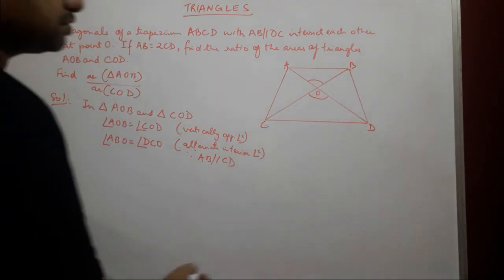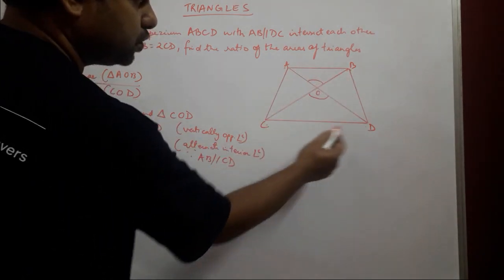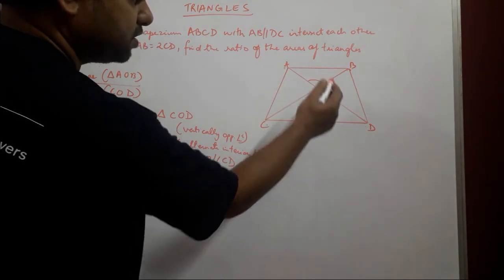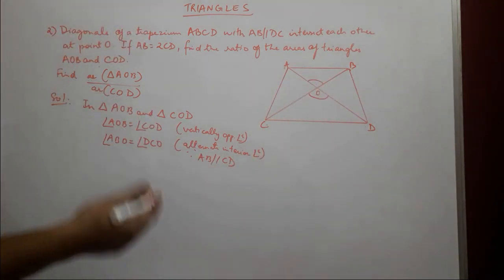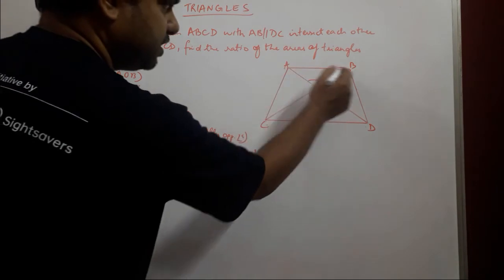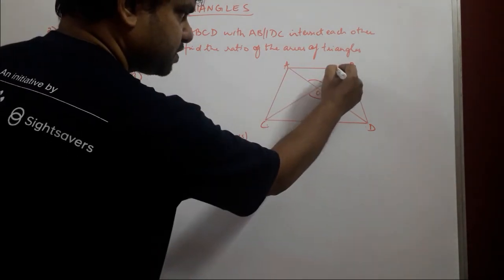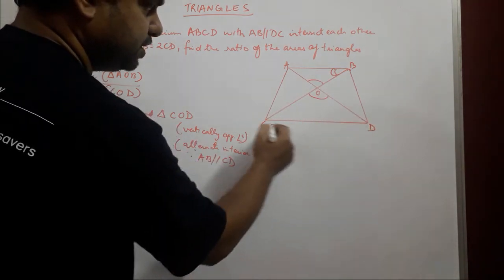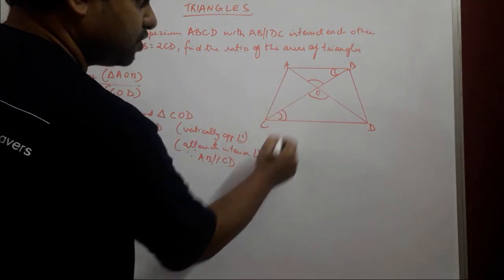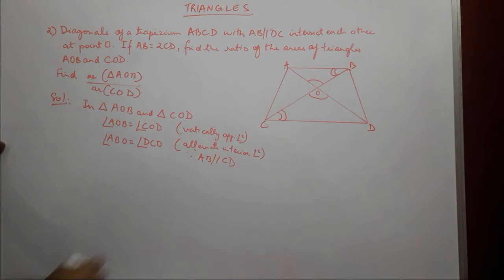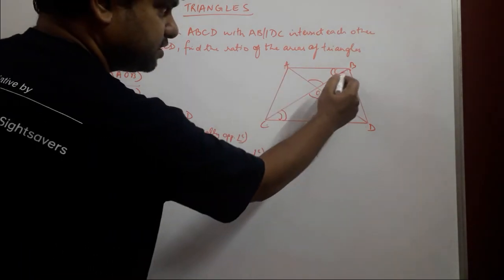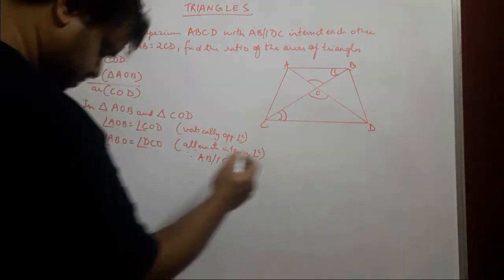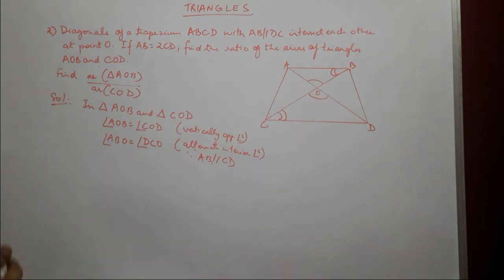When you have a transversal lying between two parallel lines, that means we are bound to get some alternate interior angles. So then ABO and OCD or DCO form as the alternate interior angle. See, they are in that Z this way.